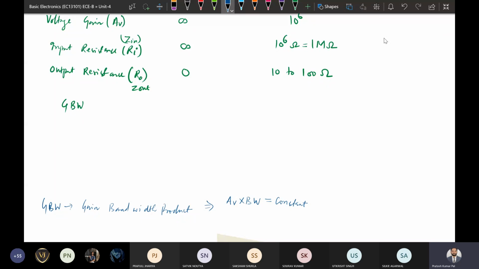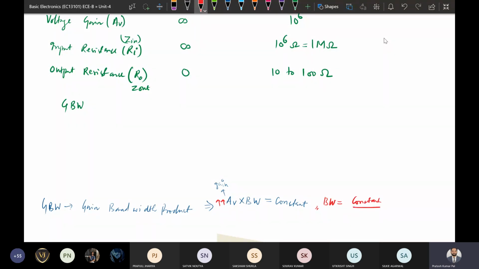In an operational amplifier, we are considering the gain AV to be very high. If the gain is very high, gain times bandwidth will be a constant. So if we want to calculate the bandwidth, it will be a constant divided by the gain.